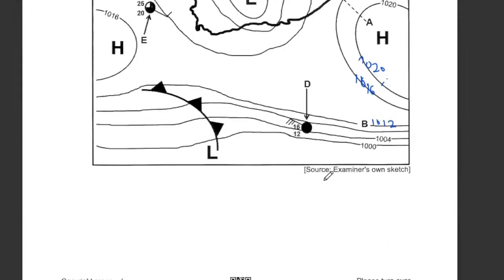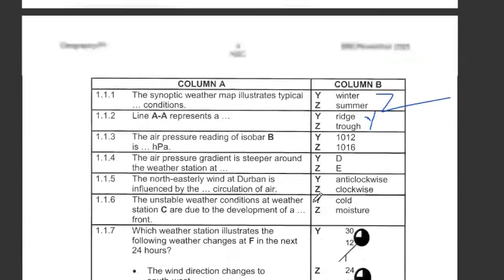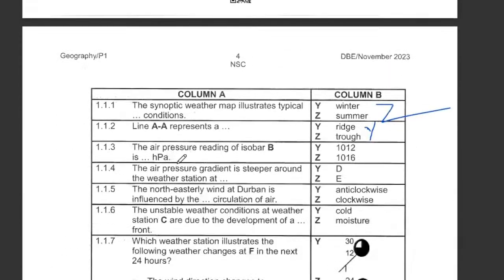Okay. We have that option there. The option is available. Even when you check here, if you use this one, it will give you 1012 as well. But this is 1016 minus 4, it gives you 1012. So when you use the high pressure, it will give you answer B. So the answer for B automatically is Y.